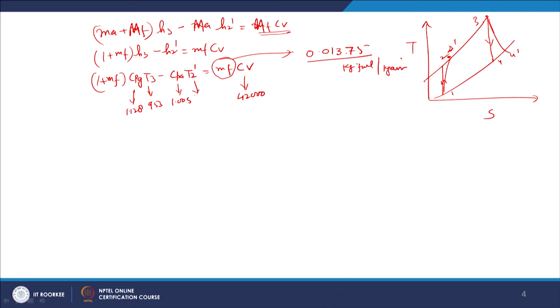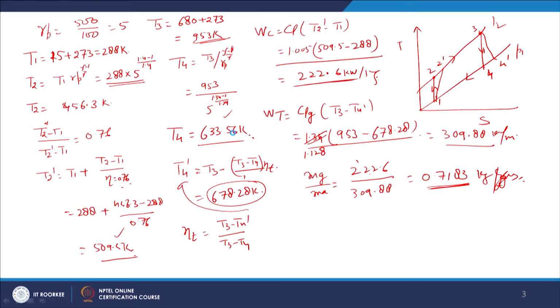Now per kg of air, this amount of fuel is getting mixed. So the total amount of flue gases is going to be 1 plus mf, which is equal to 1.01375, the mass of the flue gases. Previously we have already calculated that 0.7183 of the flue gases will be used for power generation, right.